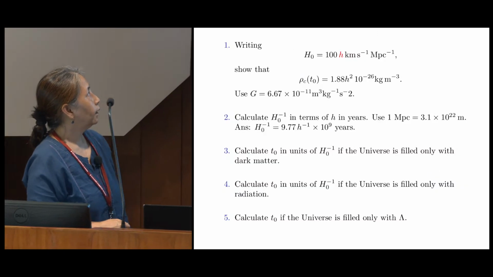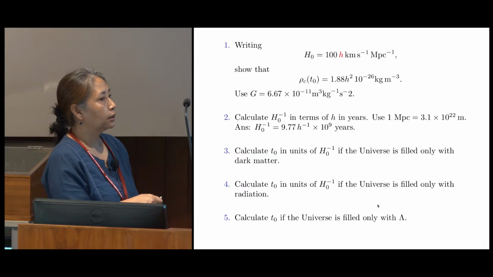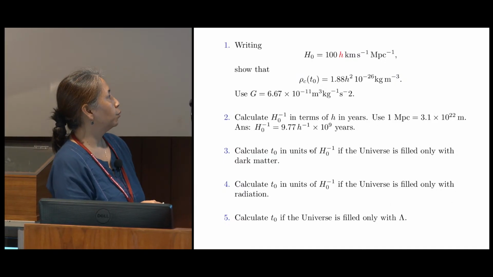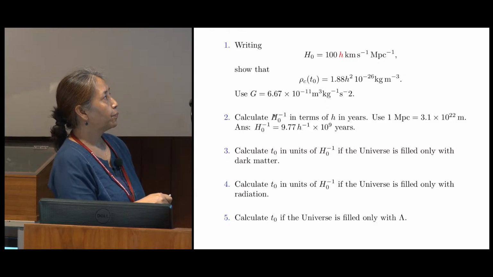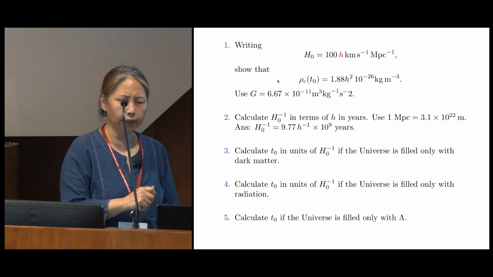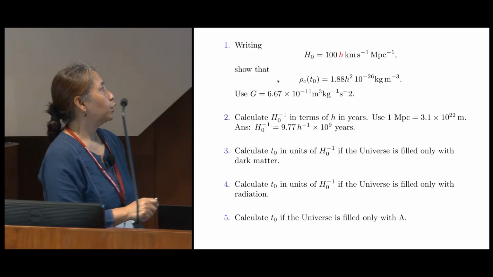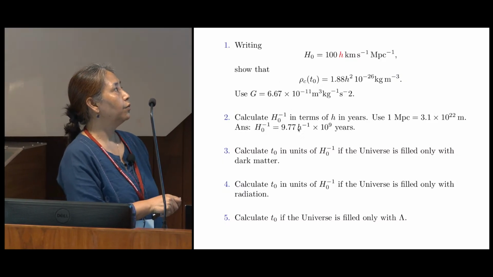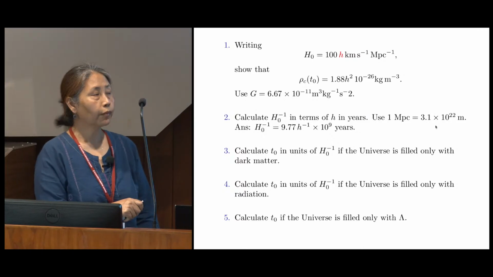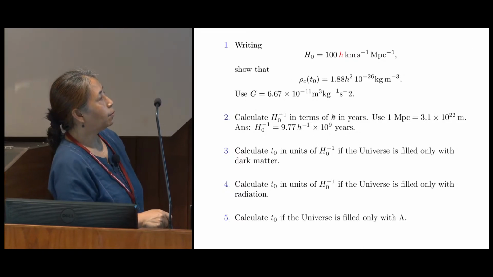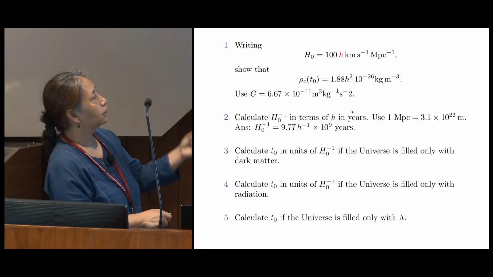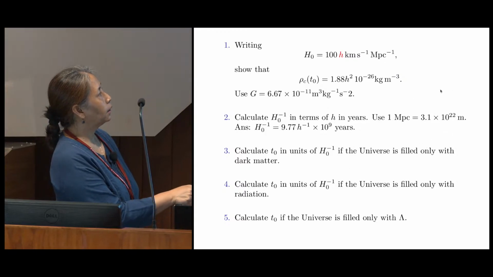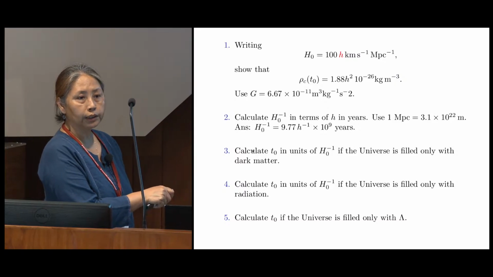Since we are on this page, the other useful number to get is H naught. H naught is the inverse of time. So, you can ask how much is H naught inverse in years. In terms of h, if you plug it in and use that a megaparsec is this much, you can calculate H naught inverse.